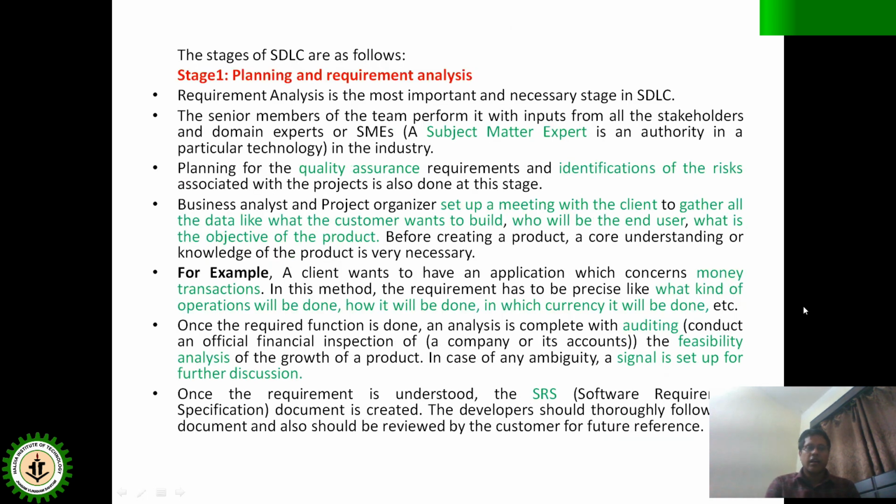Now what are the stages of the SDLC? Like in the diagram we have seen, the first stage or the first phase is the planning and requirement analysis. So what is requirement analysis? This is the most important stage or phase of any SDLC. So what is happening in this phase?